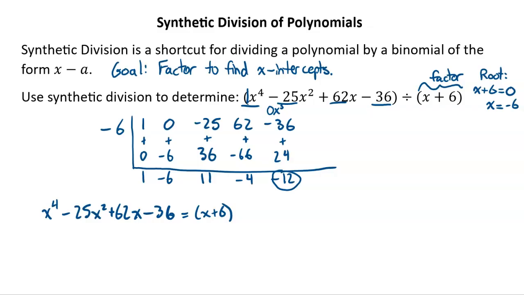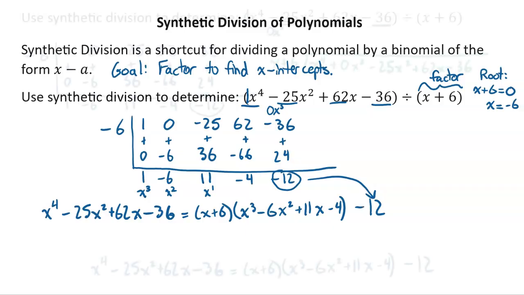And so what we do when we write this out is, the negative 4 is degree 0, the 11 is degree 1, the negative 6 is degree 2, and the 1 is degree 3. So we write this as 1x cubed, or just x cubed, minus 6x squared plus 11x minus 4. That, with the subtraction of 12 at the end, because that's the remainder, is equivalent to that degree 4 polynomial. So that's how it works.